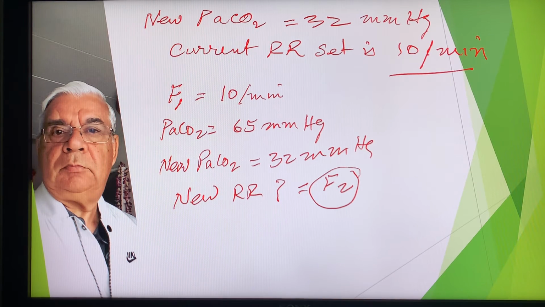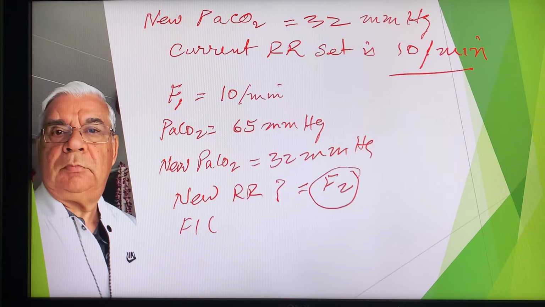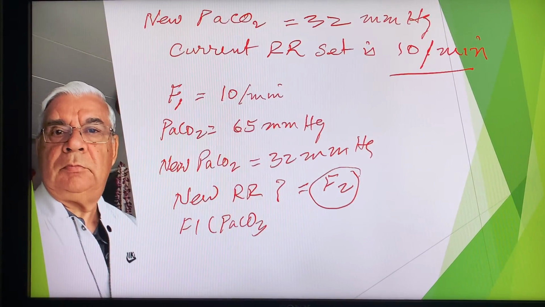So if you put into formula, F1 multiplied by PaCO2 old one, whatever is given, is equal to F2 multiplied by 32.